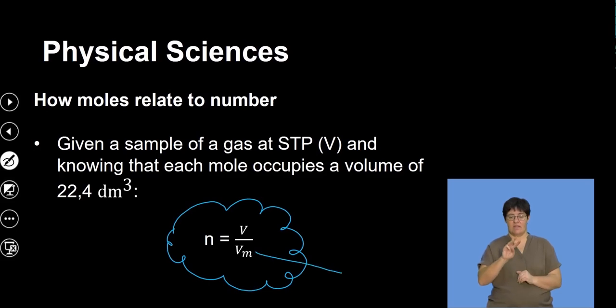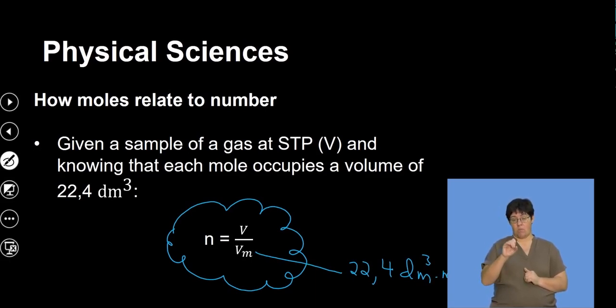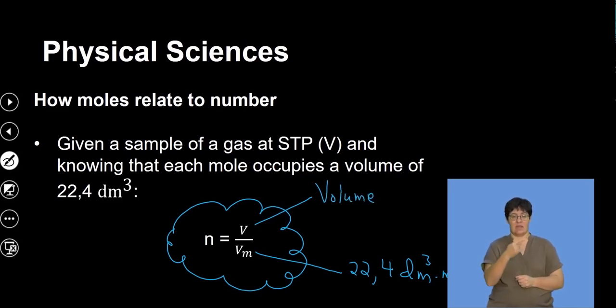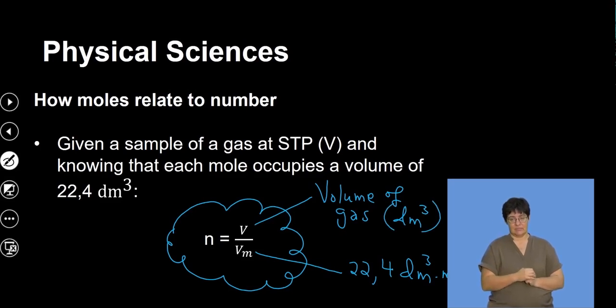This molar volume is 22,4 cubic decimeters per mole, while this is the volume of gas in cubic decimeters. That's why it's cubic decimeters for the volume divided by cubic decimeters per mole.